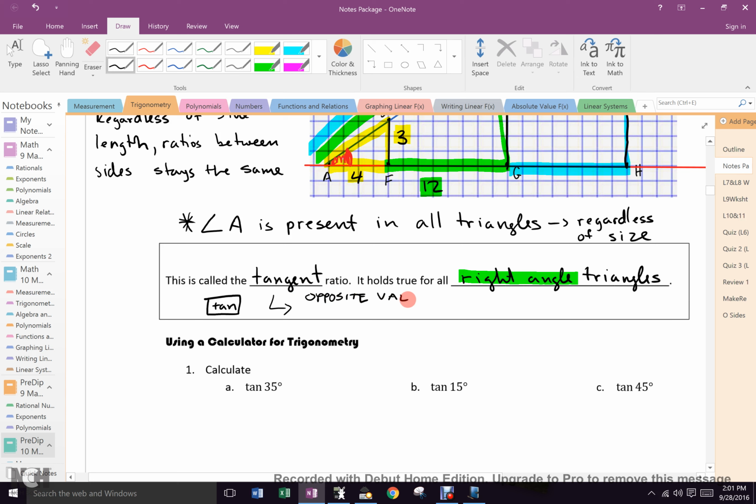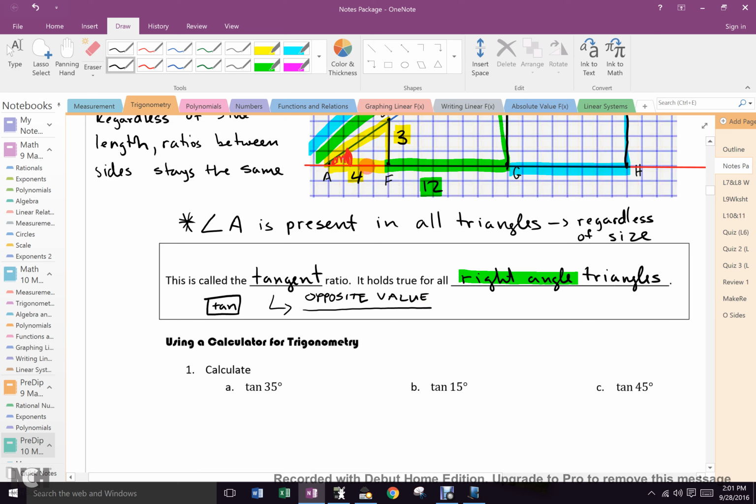So the tangent ratio is the opposite value. Now, why did I use the word value? Because it might not be a number. It might be unknown. It might be an irrational. It might be a root. It might be whatever is there. The opposite value is the numerator of that fraction, that ratio. Cool? And the denominator of that ratio, you'll notice, is this one.